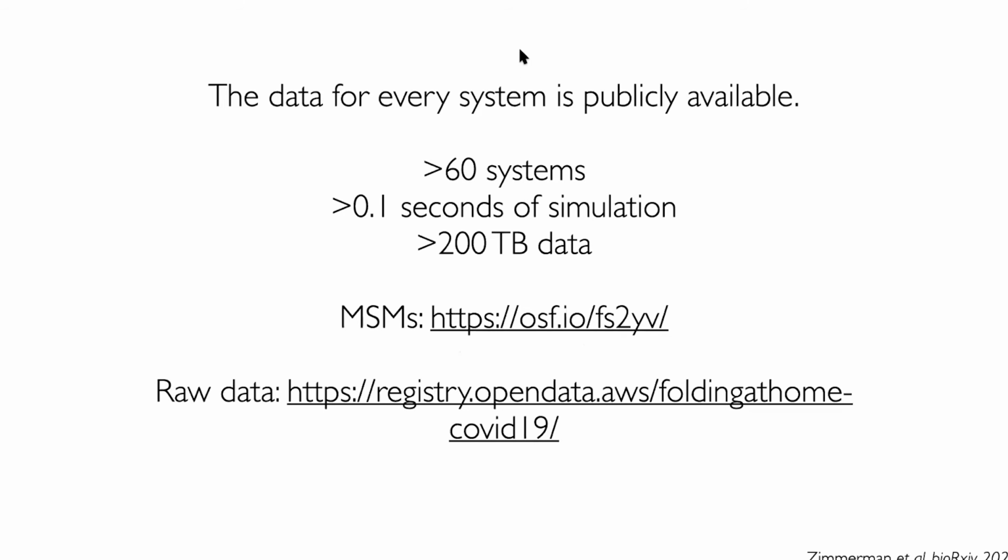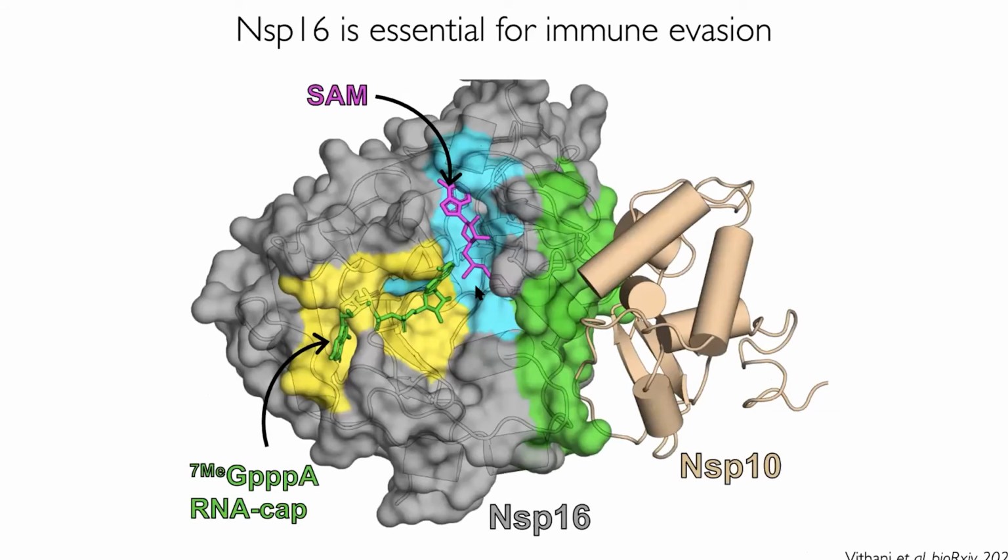So I won't talk about all of the systems that we've worked on, but just to show you one other example, very briefly, we worked on a protein called NSP16. This is another essential component of the virus for evading an immune response. For the sake of time, I won't go through the details, but suffice it to say that this protein catalyzes a chemical reaction with these two small molecules, these two substrates, but this reaction is also performed in humans.